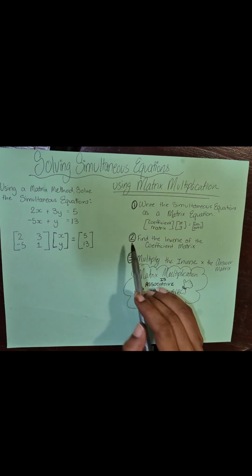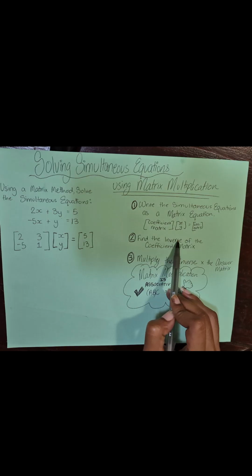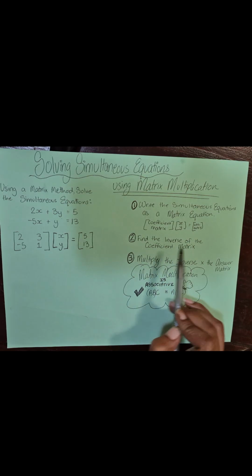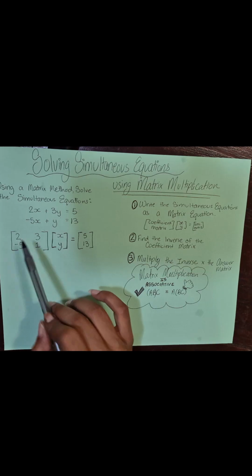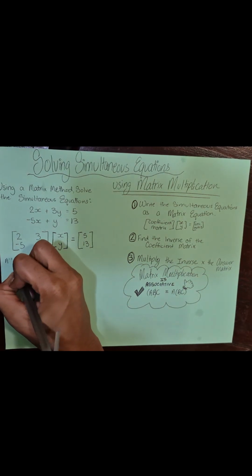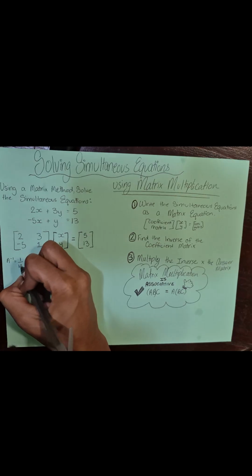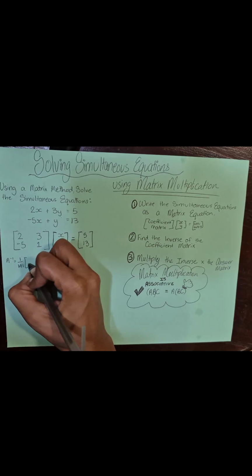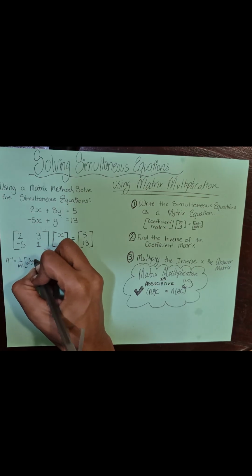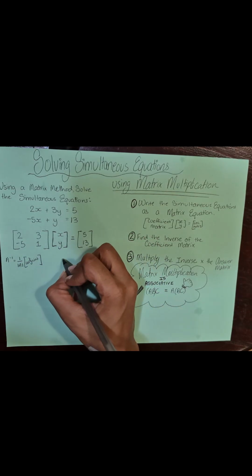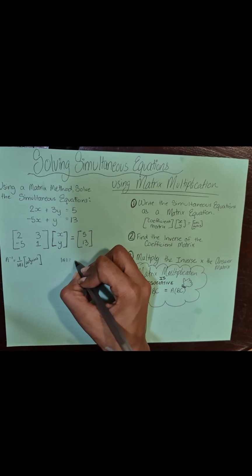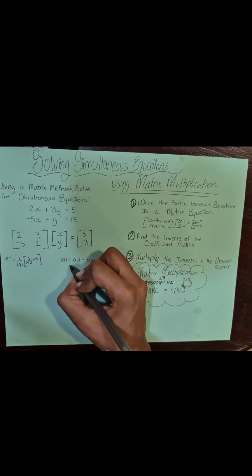equation. Step 2, find the inverse of the coefficient matrix. So step 2 is going to be to find the inverse of this matrix. So we already know inverse is 1 over determinant times adjoint. So we need to find the determinant of this, and we know determinant is AD minus BC.